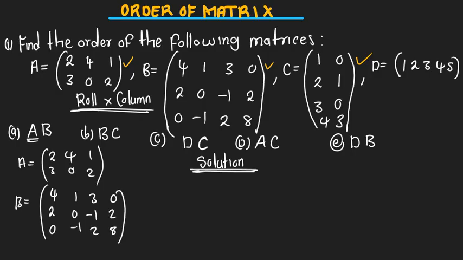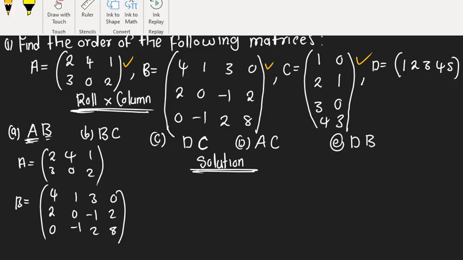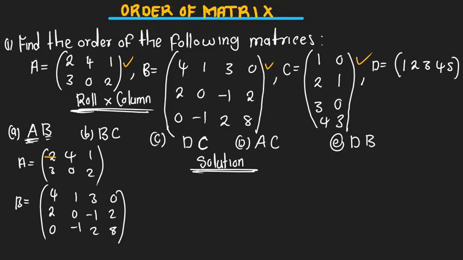Now, we always use the row by column concept. So you start with the first letter. The first one they've given you, you consider your row. The second one they've given you, consider the column. So let's start. So this is going to be how many rows? 1, 2.